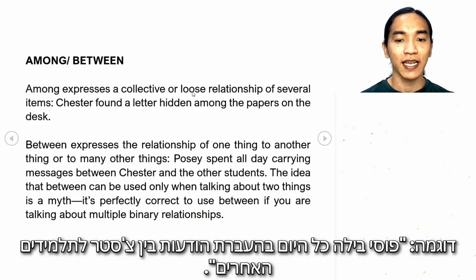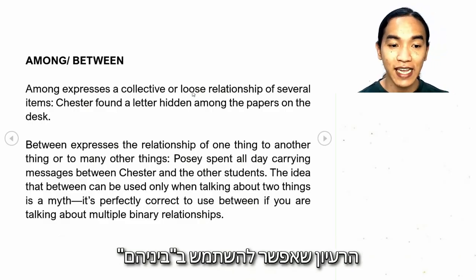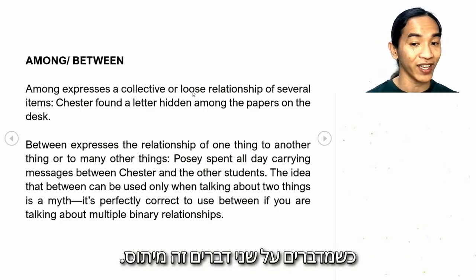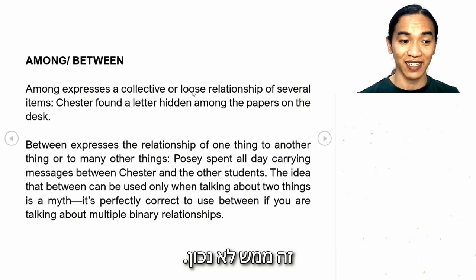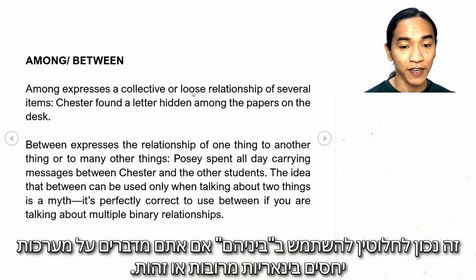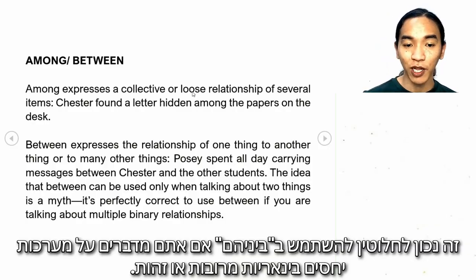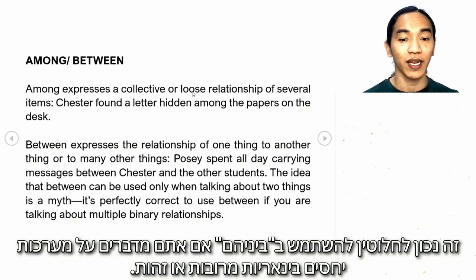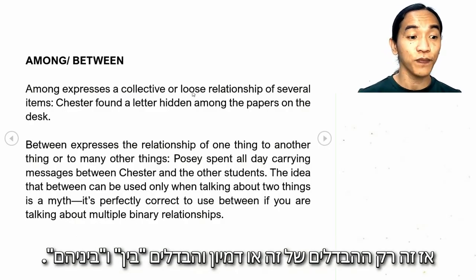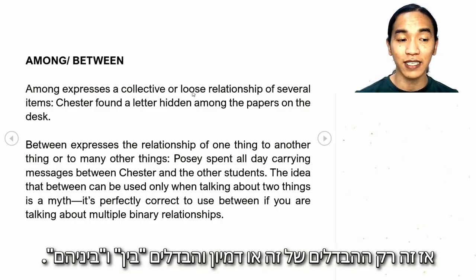Example: Posey spent all day carrying messages between Chester and the other students. Okay, the idea that between can be used only when talking about two things is a myth. It's really not true. It's perfectly correct to use between if you are talking about multiple binary or same relationships. All right, so that's just the similarity and differences of among and between.